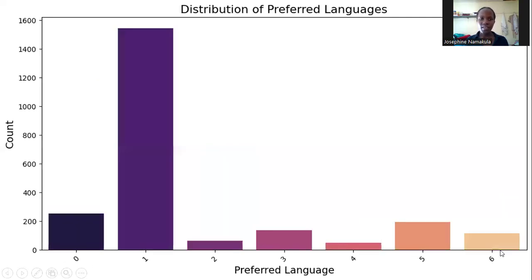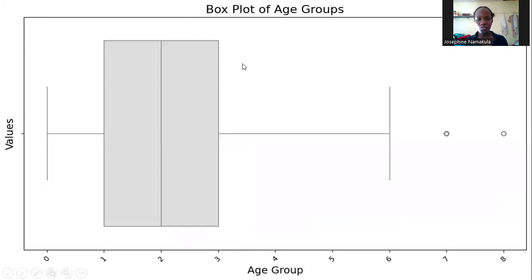So when I move to the next slide, this is the plot of distribution of count against preferred languages. You can see preferred languages are located between 0 and 1. When I go to the next slide, I find a box plot.